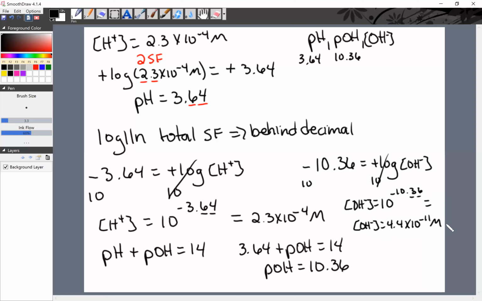Oh, well, how else could I have found that? Well, don't forget we also know this. 1 times 10 to the minus 14th is equal to 2.3 times 10 to the minus 4th times the hydroxide. And guess what? Sometimes there'll be a little bit of rounding issue, but we will get the same answer. 1 times 10 to the negative 14th divided by 2.3 times 10 to the negative 4th.